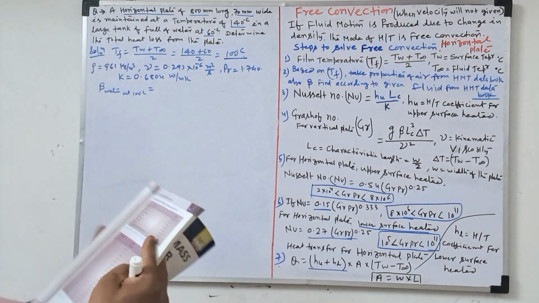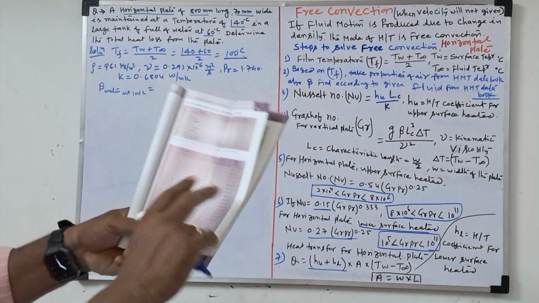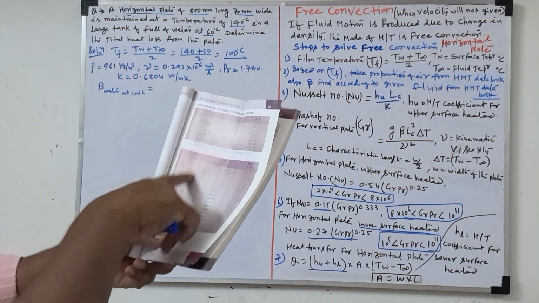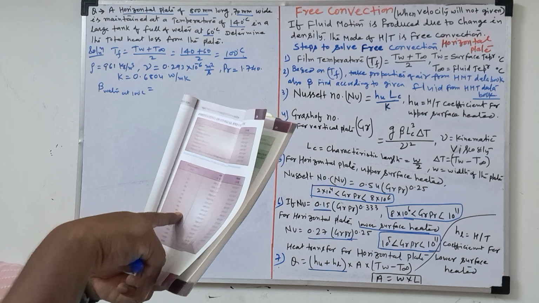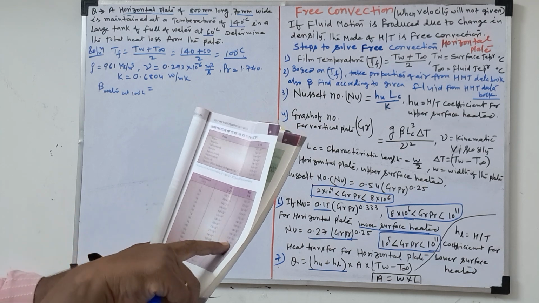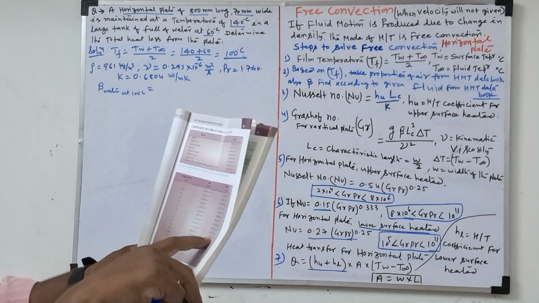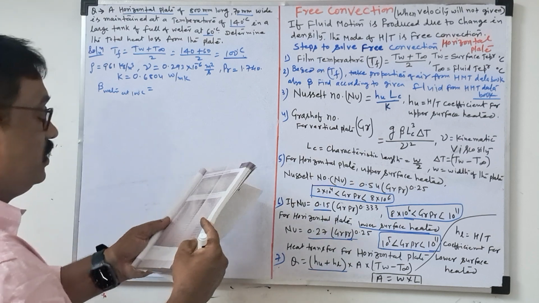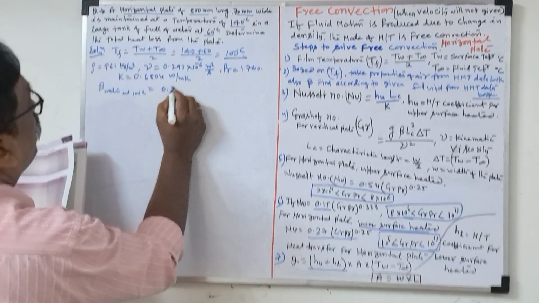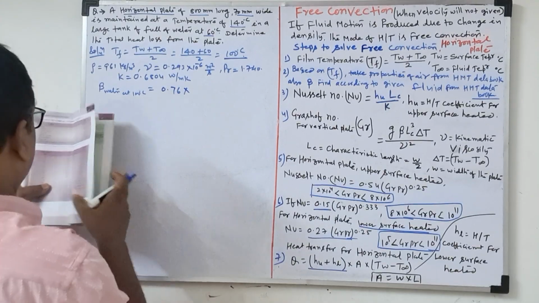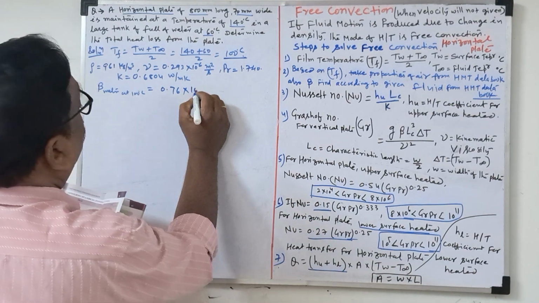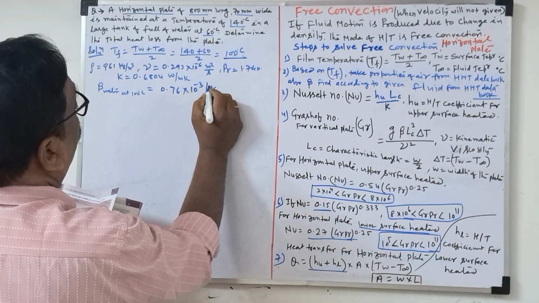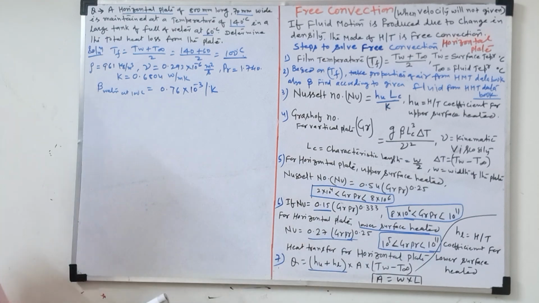Here you are not able to see it, but on page 38 there are various temperatures: 5, 10, 20, 30, 40. We have 100 degrees now. What is the beta? It is 0.076 into 10 to the power minus 3 per degree Kelvin, given in the HMT data book.